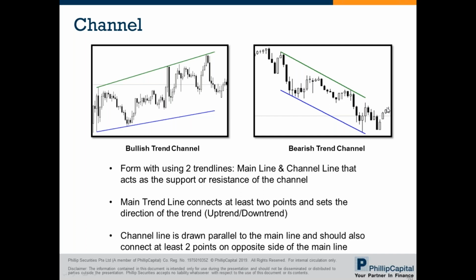The guideline is that the channel lines must be drawn parallel to one another. It can only be considered a channel if it is parallel. If there is even a slight angle to it, it may be considered a wedge or an ascending or descending triangle. So these are some minor subtleties that you have to learn to recognize along the way as you identify your chart patterns.